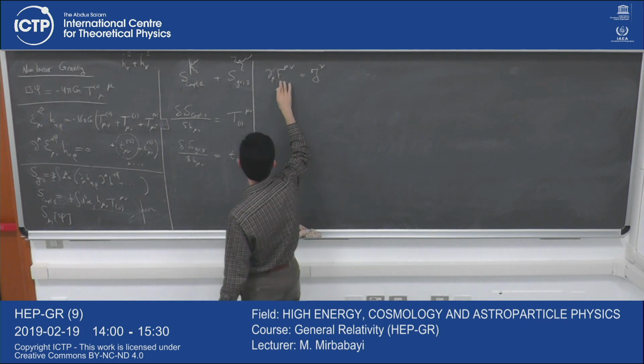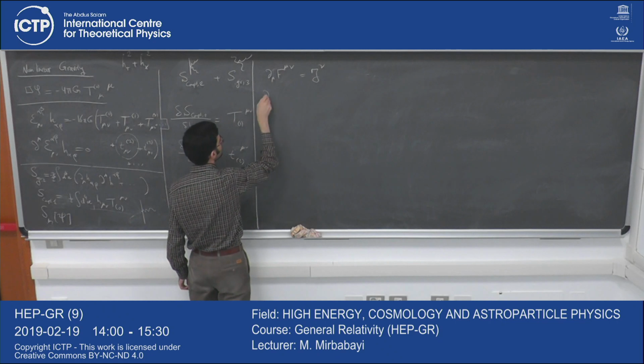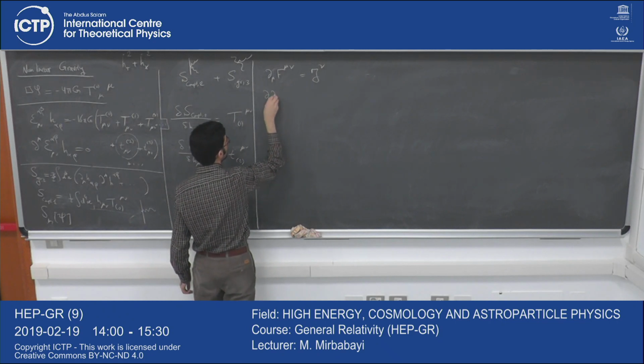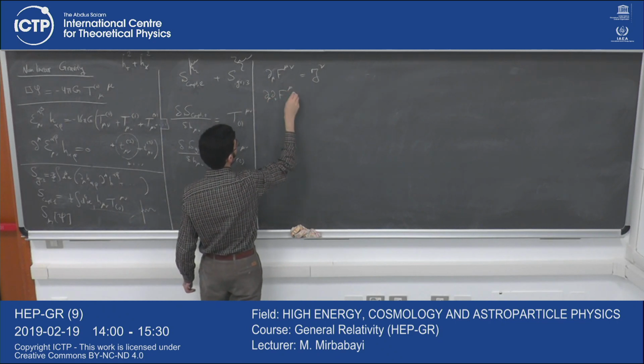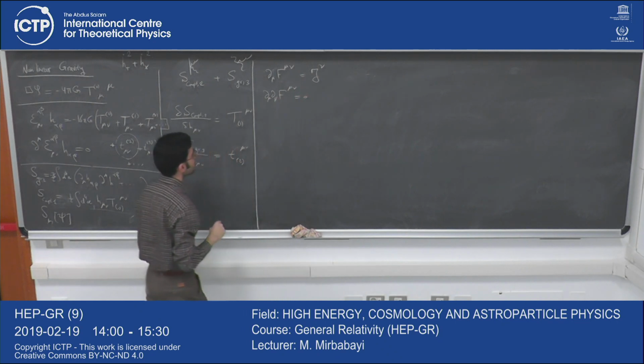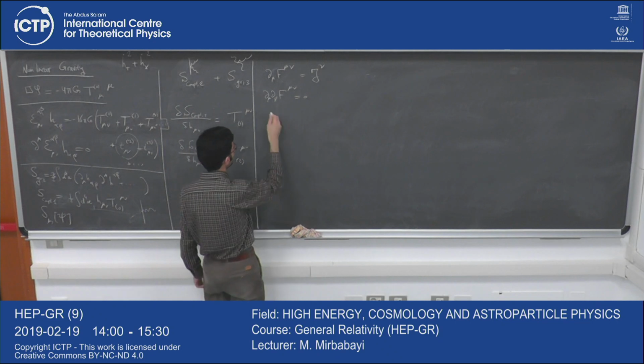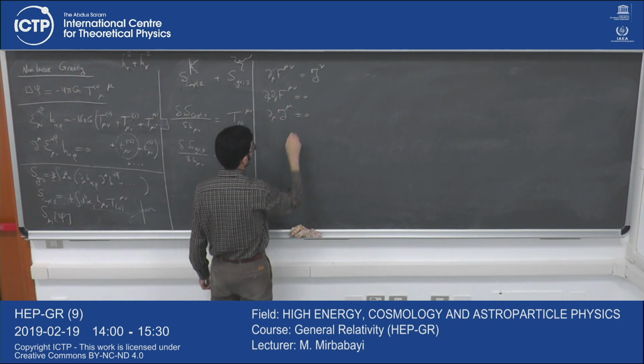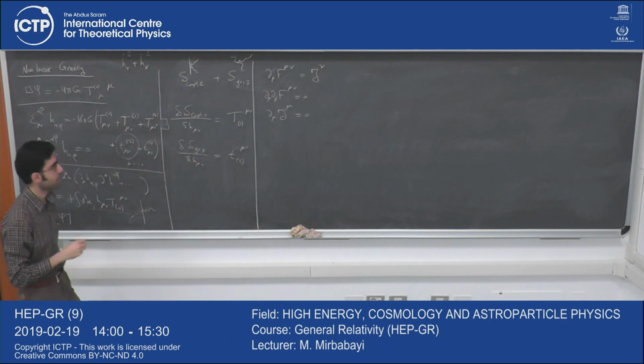And this F^{μν} had the property that it was identically conserved, which meant that j^μ has to be conserved on shell.